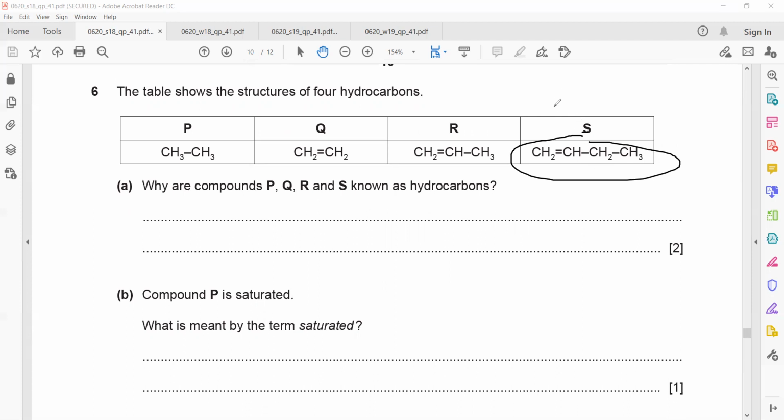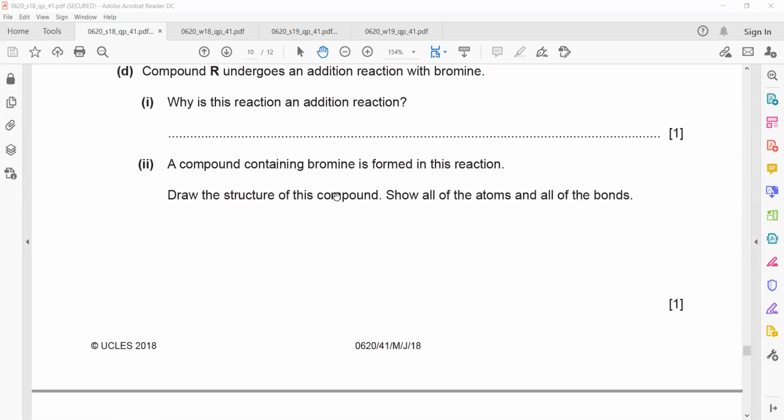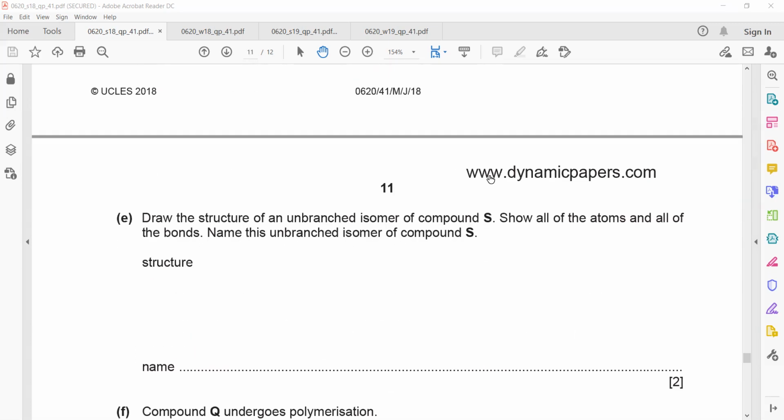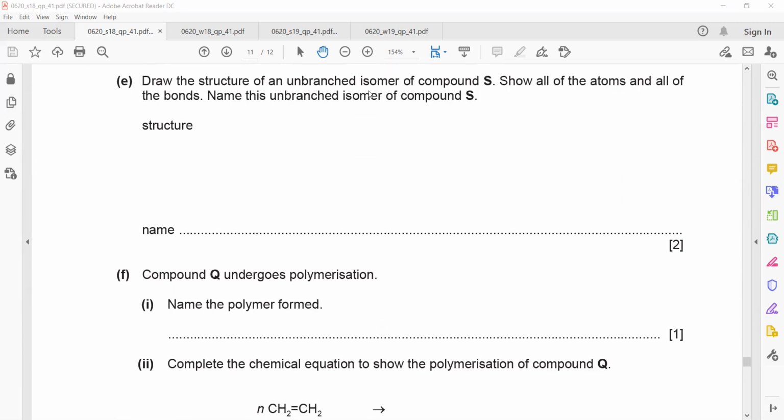So it is butene. I don't have to draw a branch, I need an isomer. I told you there are two ways to draw an isomer of an alkene: either change the position of the double bond or draw a cyclic structure. This is butene, but we can draw the double bond between the second and the third carbon.